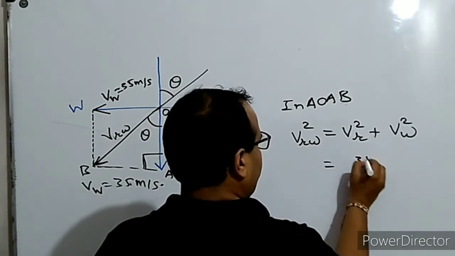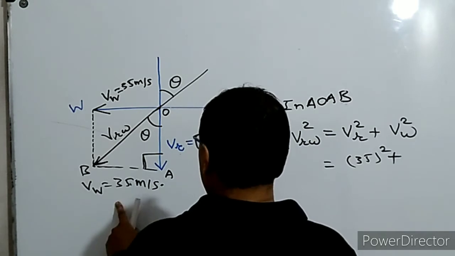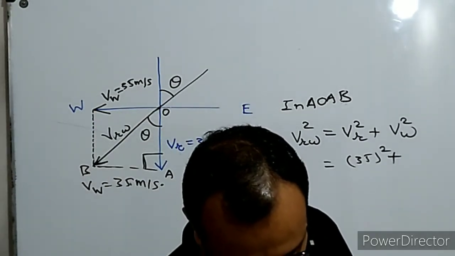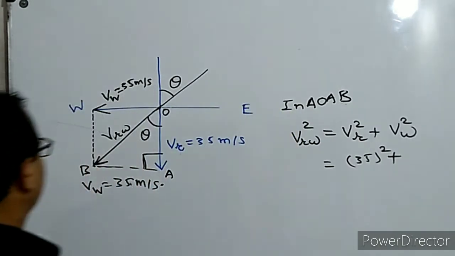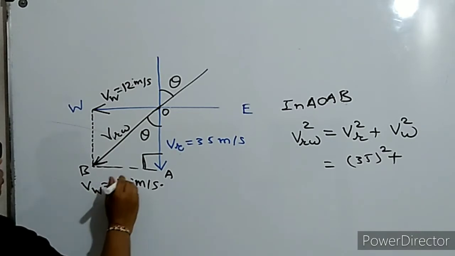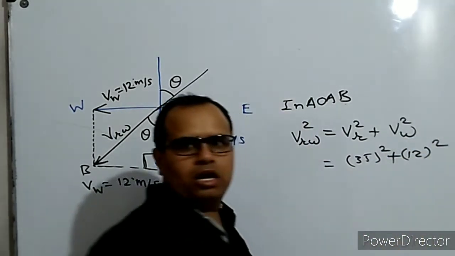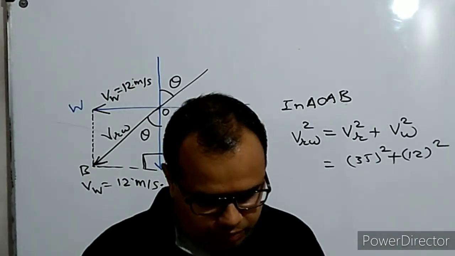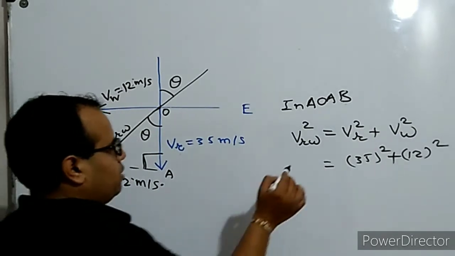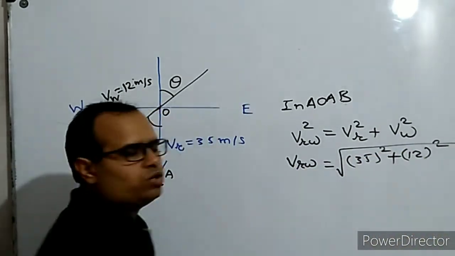VR is 35 square, and VW is, just a minute, velocity of the rain was 35, and wind blows with the velocity 12 meter per second. This was given 12, sorry. So this will be 12 square. If you solve it further, you will get the resultant of this, and by that you can find VRW, but basically we don't need to find that.